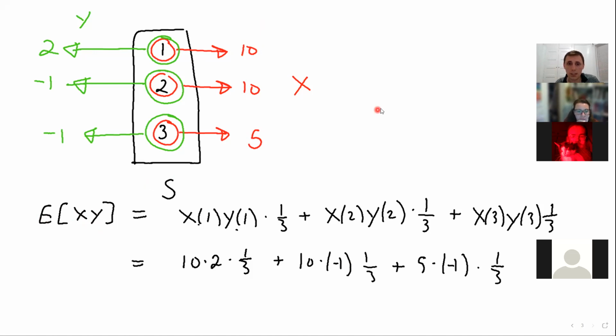So the expected value of X times the expected value of Y is what? Expected value of X is 10 times a third plus 10 times a third plus 5 times a third, multiplied by the expected value of Y, which is 2 times 1/3 minus 1 times a third minus 1 times a third. And when you multiply them out, you should see everyone meeting everyone else.